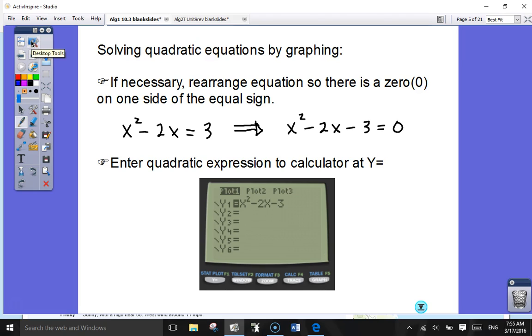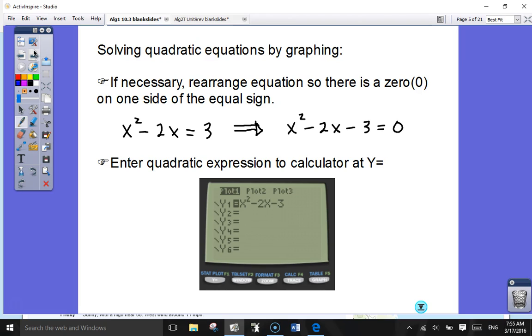Okay. So solving quadratic equations by graphing. Here's the steps. If necessary, we're going to rearrange the equation so it has a 0 on one side. Now understand, we're solving an equation.